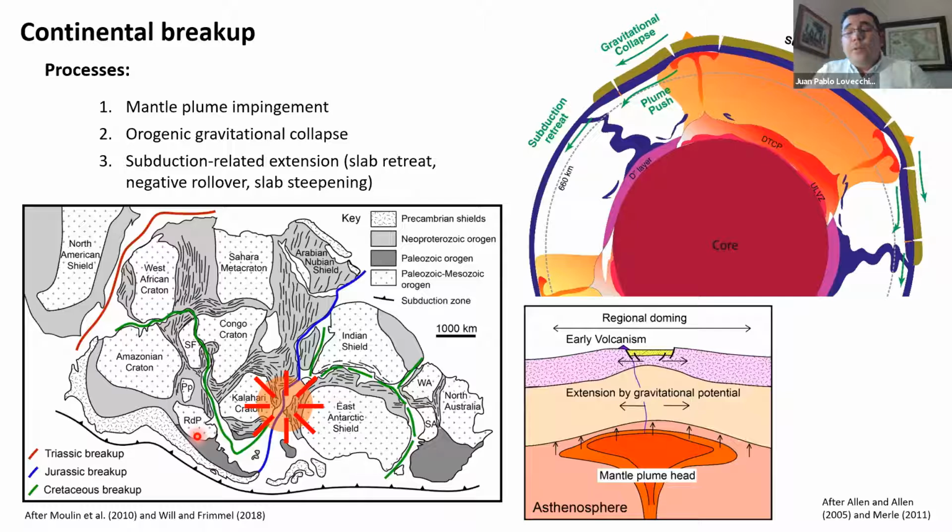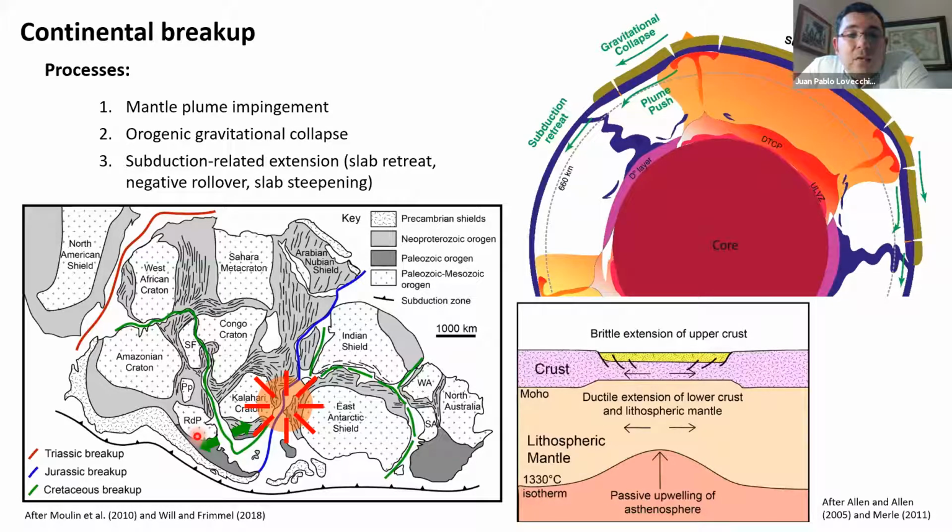For example, there are some recent hypotheses that suggest that the South Atlantic could have been produced by subduction-related extension in a very far position associated to the location of the trench and the South Atlantic breakup location. And this is an example of this passive upwelling of the asthenosphere in passive rifting, as could be the example of the South Atlantic.